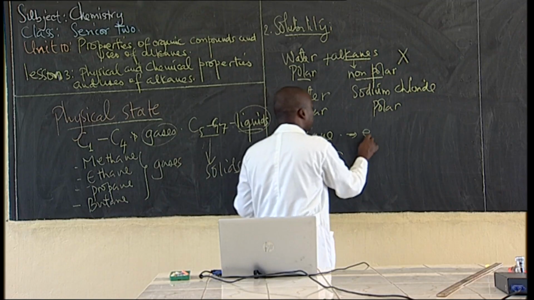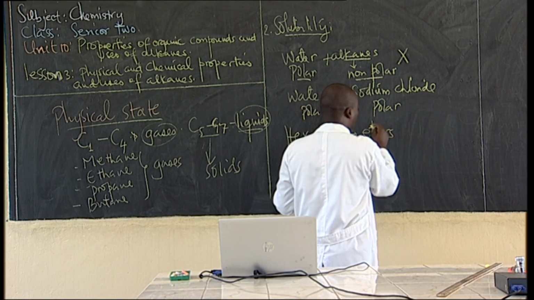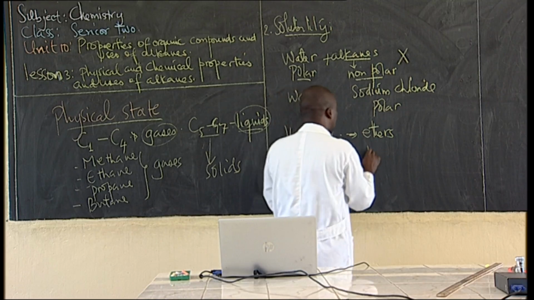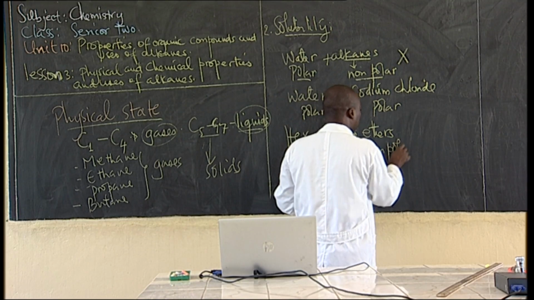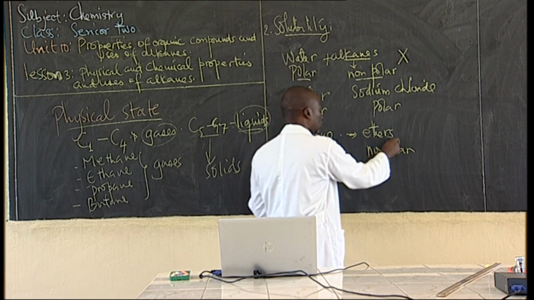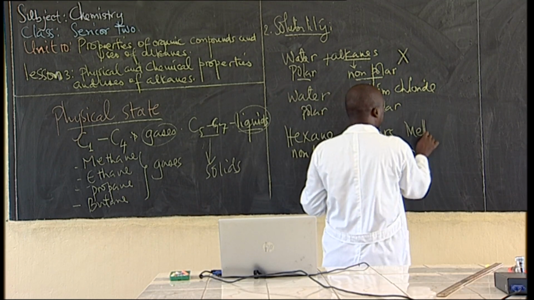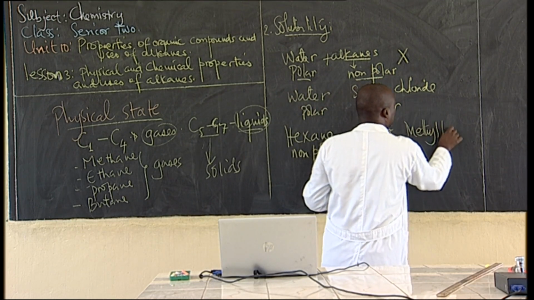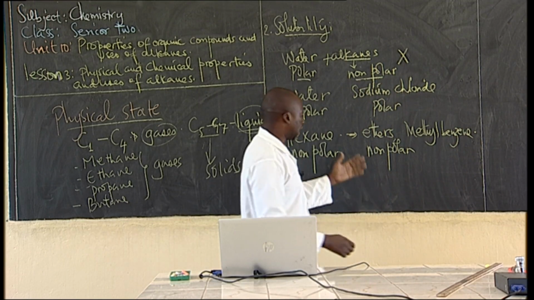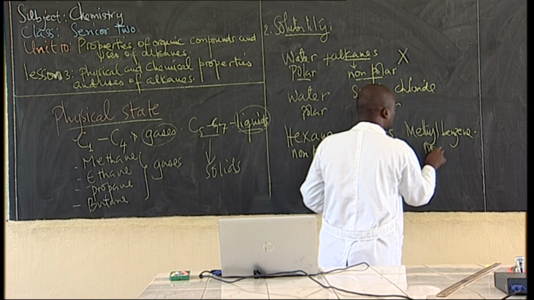We have ethers. These are a group of compounds that are also non-polar. So they will dissolve. We may have methylbenzene. This is one other example of non-polar molecules.